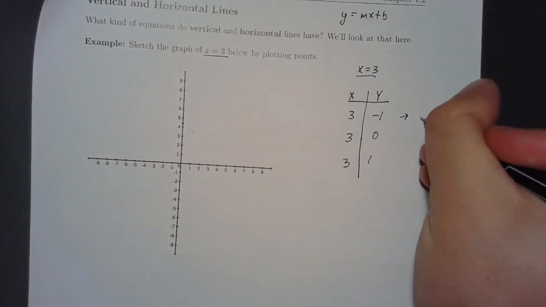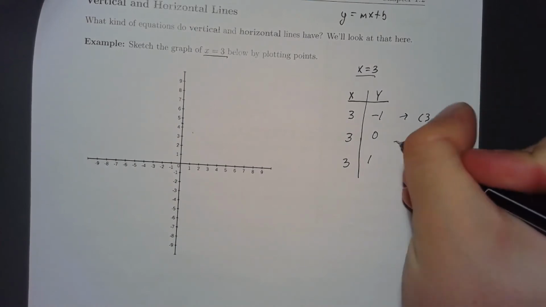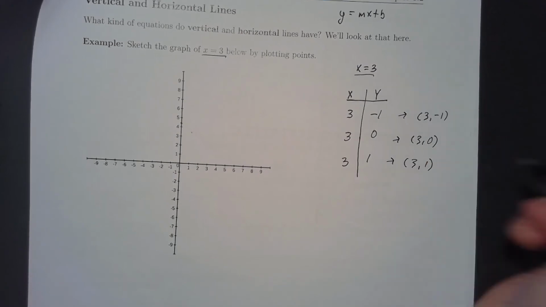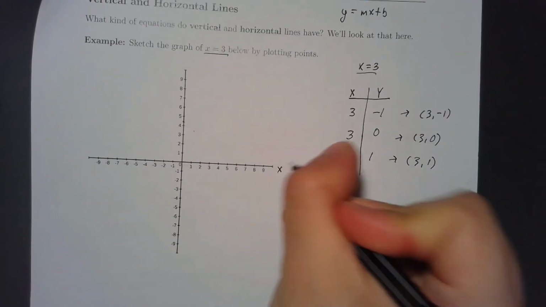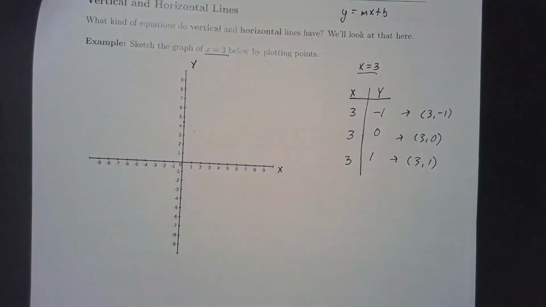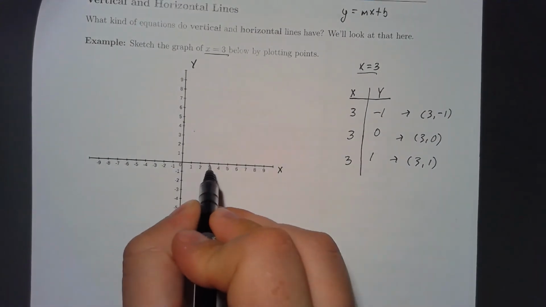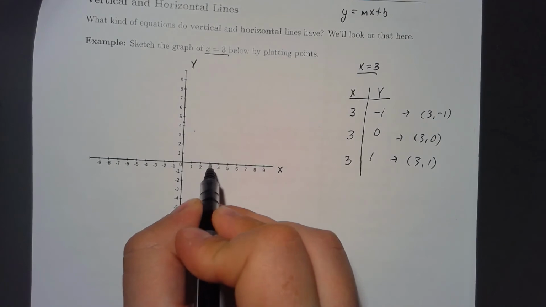So my ordered pairs, if I plot them: (3, 0). I go over 3, and then I don't move in the y direction.